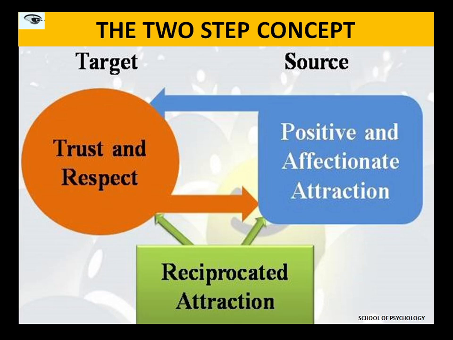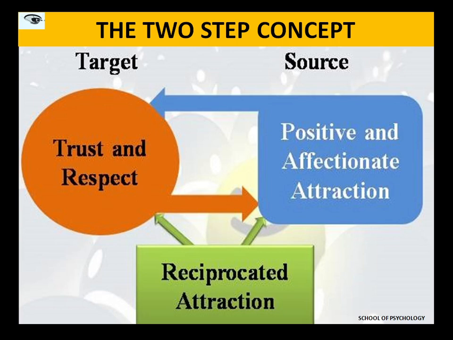Now, coming to the first step in this two-step concept, we have the process of identification. Here, very clearly, the target, whose attitude has to be changed, is going to identify with the source.